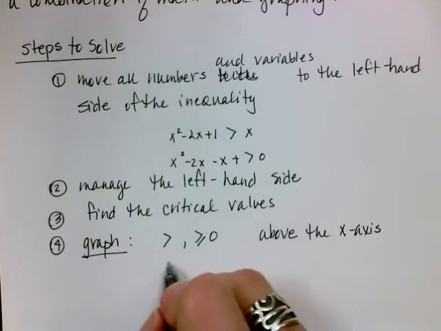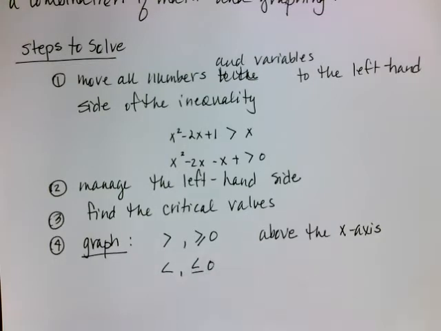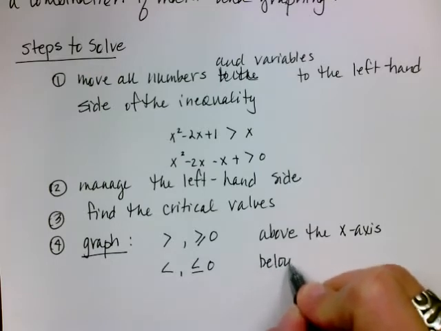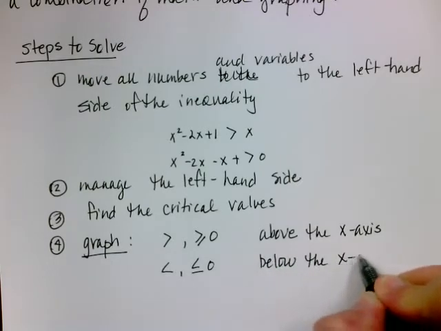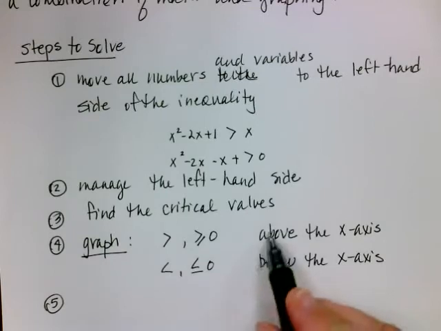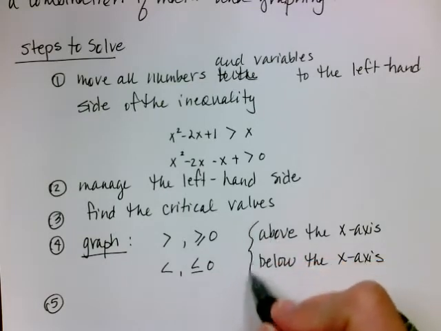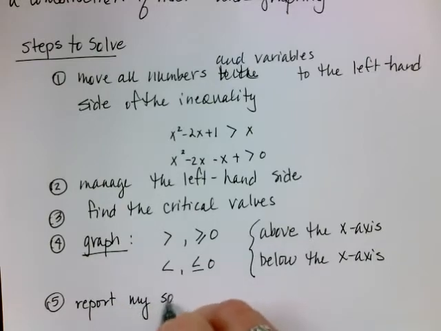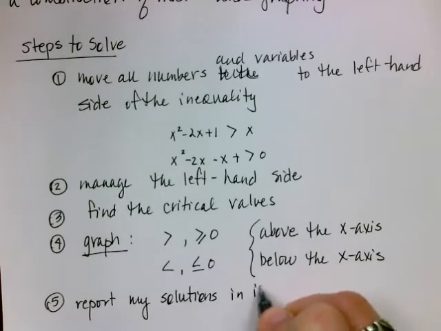If I have less than or equal to 0, I want all portions of the graph that are below the x-axis. So it's going to be kind of cool. And then because I'm looking for intervals of information, I'm going to report my answers, and I'll put solutions in interval notation.